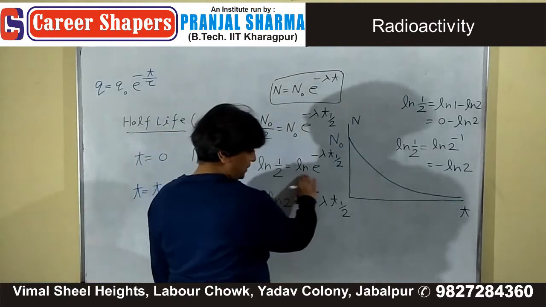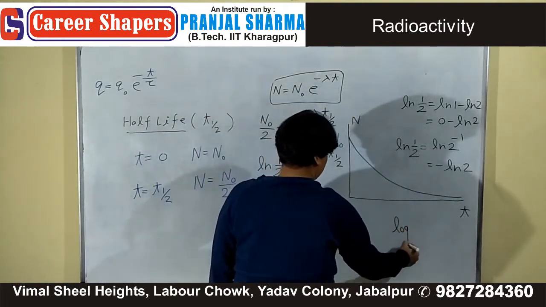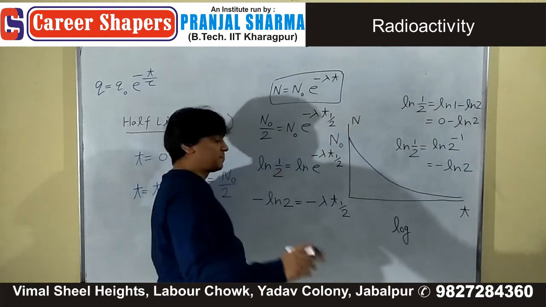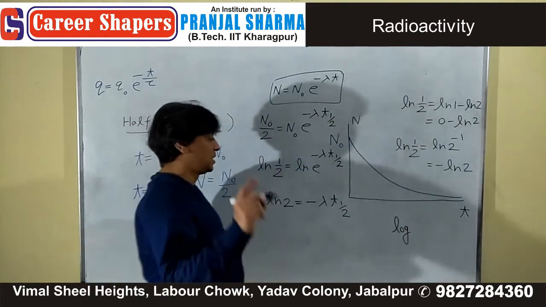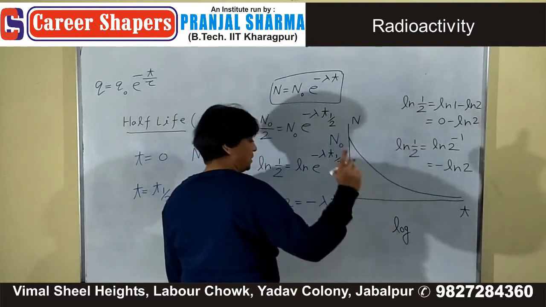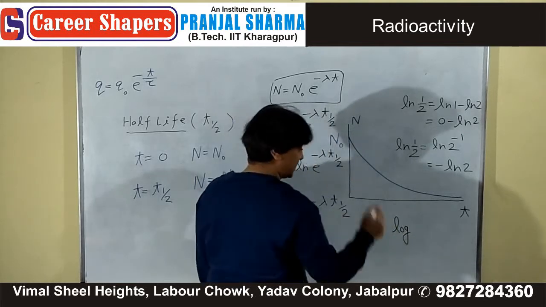Then for the next part, there is a property of log. If you wish, you can see a lecture on log. It's present on the YouTube channel, and you will find all these log related formulas in that.